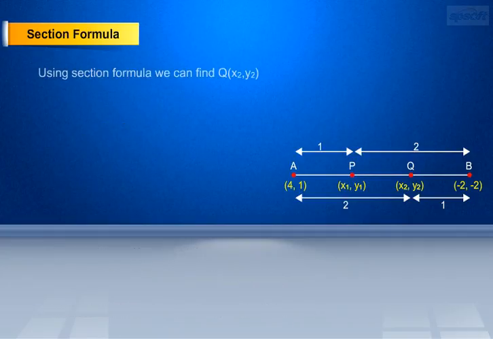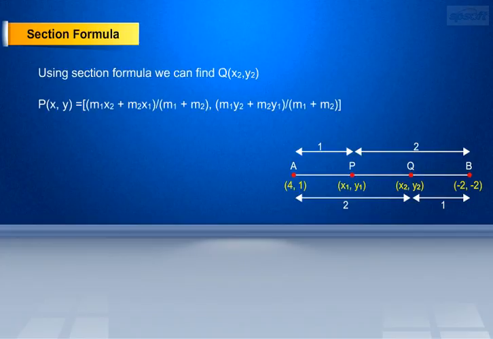Using the section formula, that is, P(x, y) equals ((m1x2 + m2x1) divided by (m1 + m2), (m1y2 + m2y1) divided by (m1 + m2)), we can find Q(x2, y2). On substituting the values, we have x2 equals (2 into -2 plus 1 into 4) divided by (2 plus 1).